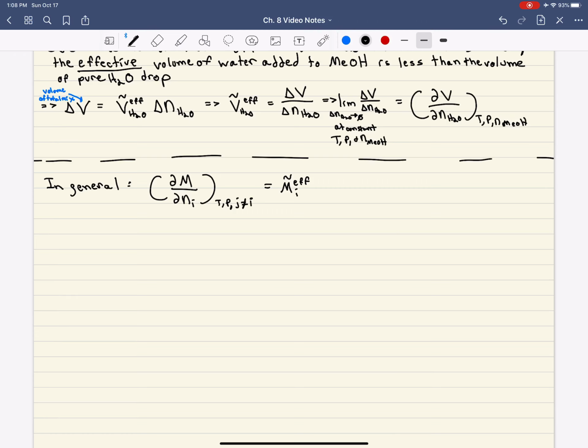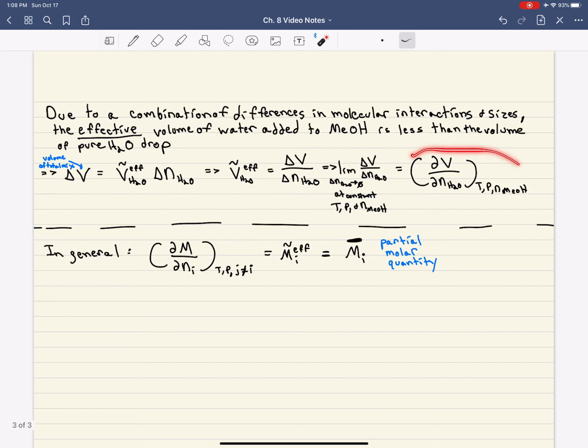And the nomenclature, rather than always writing tilde effective, is that we're going to write this as m_i bar, where the bar is above. This property in thermodynamics is known as your partial molar quantity, right? Up here, we defined the partial molar volume of water in our mixture. But you could also have partial molar enthalpies, partial molar entropies, and so on and so forth.